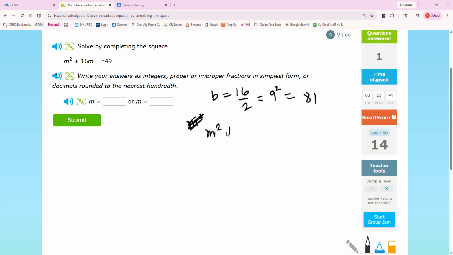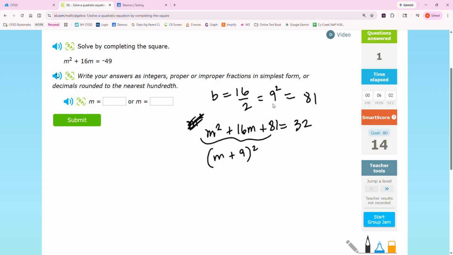So that becomes m squared plus 16m plus 81 equals 81 minus 49, which gives me 32. So this side is now the perfect square of m plus 9 squared. Think about it.